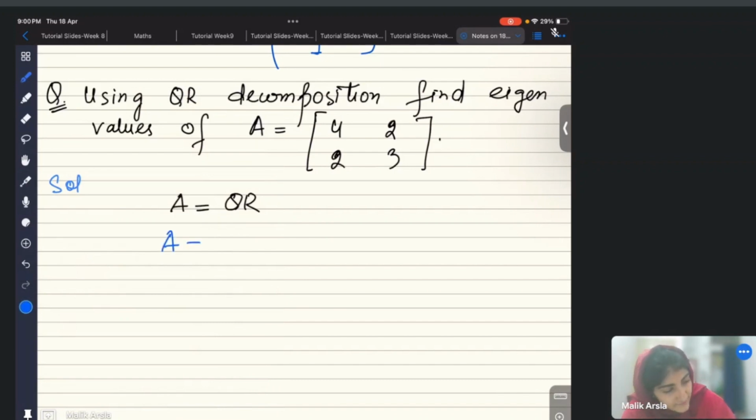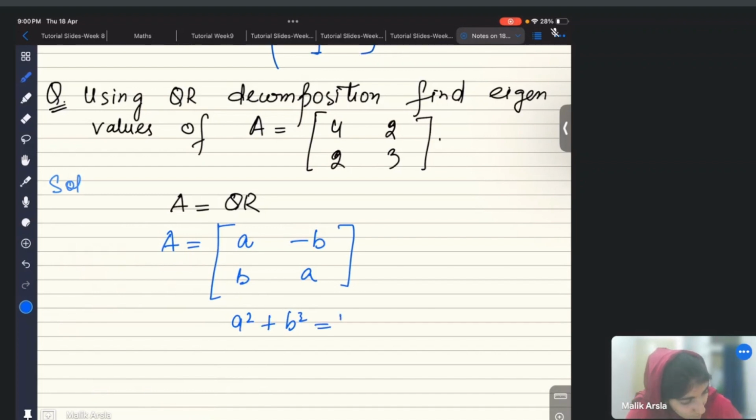There are many ways to find this QR decomposition for A, but since we have been given a 2 cross 2 matrix, we can simply write Q as A, minus B, B, A. Why so? Because Q is an orthogonal matrix, and here the condition is A square plus B square is equal to 1.